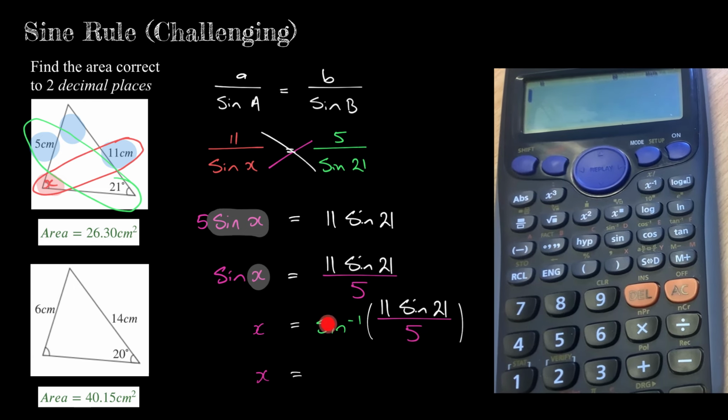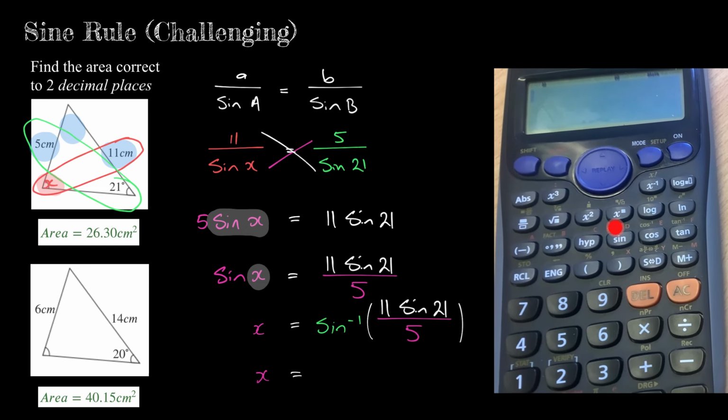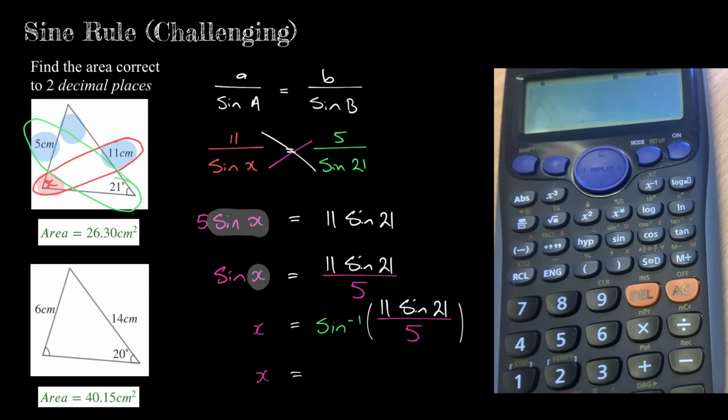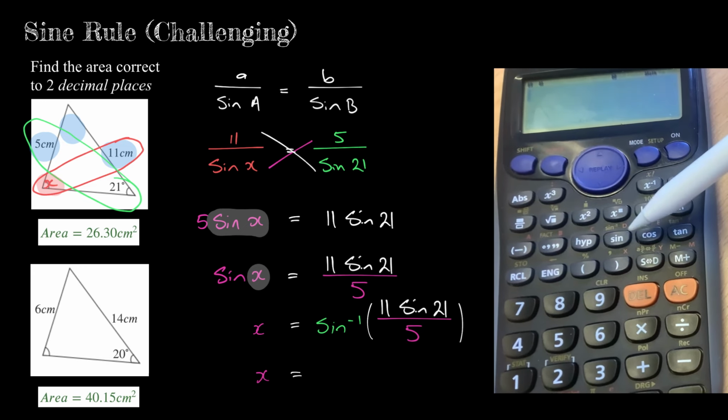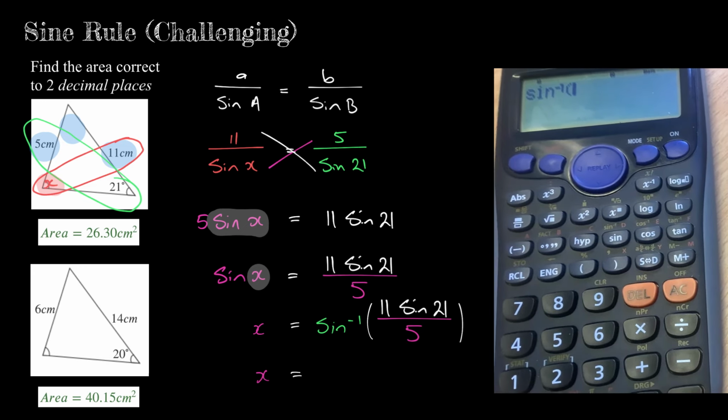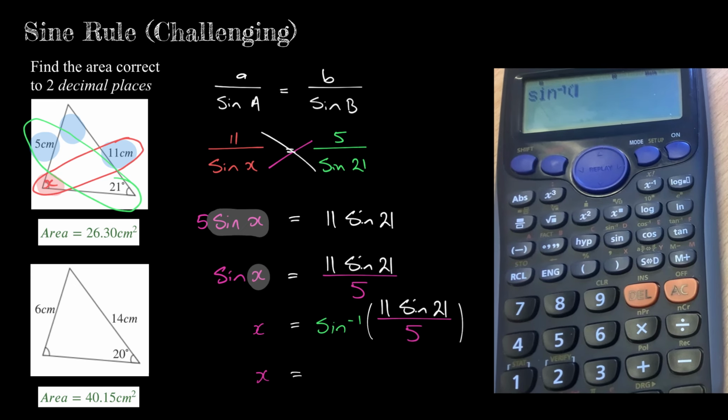To get sine inverse, you can see there sine inverse is the yellow one right above the sine. So if you press shift first and then press sine, that gives you sine inverse. We then need to type in this fraction here.